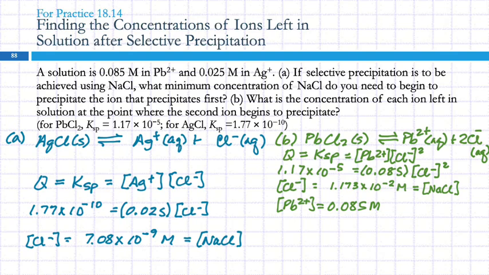What's the silver ion concentration? Well, 0 because we precipitated it. That's a reasonable answer. But is it actually all the way to 0, or is it just really small? It's just really small.